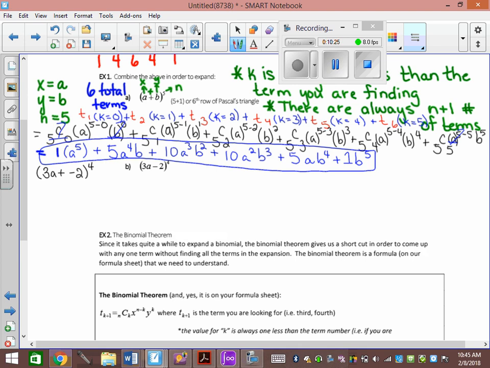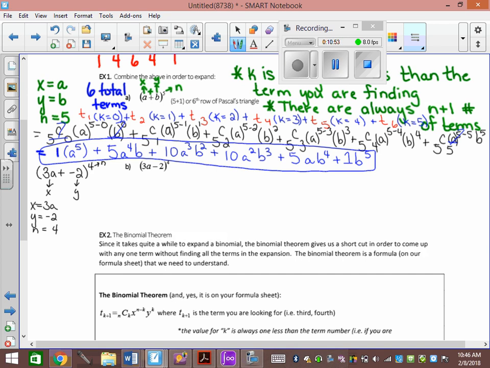So y is not 2, y is actually -2, right? So you have to remember to do that because they're going to have the answer to y being 2. That's going to be a common error. So this is my x, this is my y, this is my n. So x equals 3a, y equals -2, n equals 4.